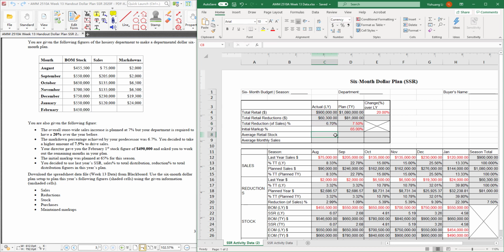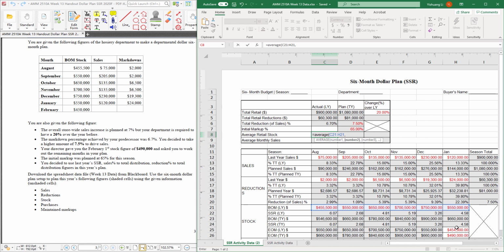And the average stock, this is a bit tricky here, because for the average retail stock we do calculate the average, but the average has 7 numbers. What we know is last year's BOM for 6 months and the last month's EOM, which equals the following month's BOM.